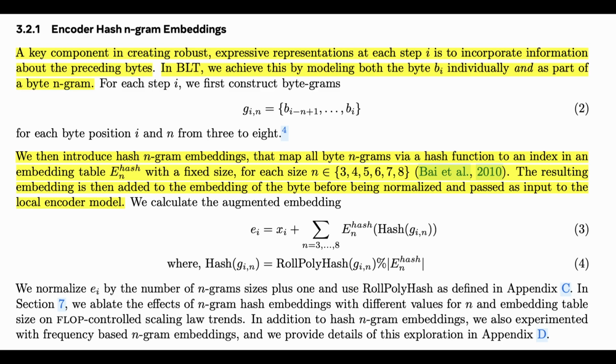The authors also propose another optional approach where they basically take the n-grams of the last few bytes together and add them up using a special hashing function to obtain byte n-gram embeddings. This approach tries to model each byte both as an individual and also as part of different n-grams.